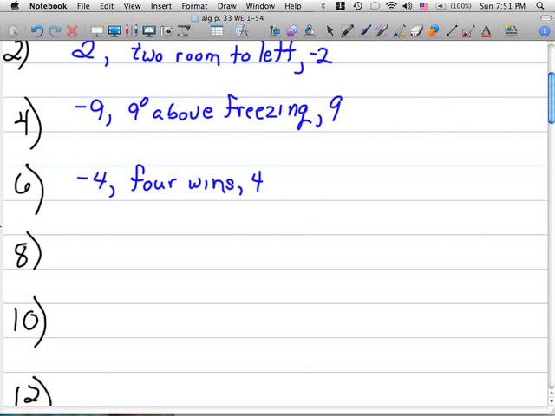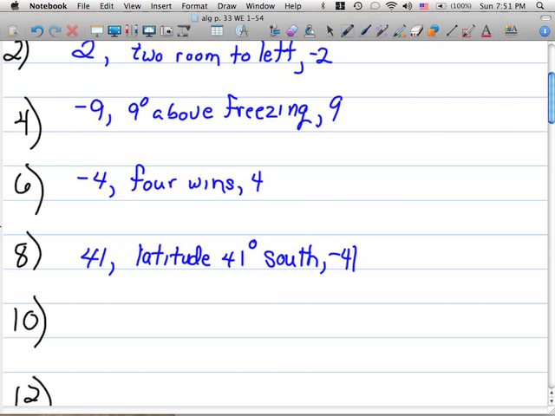North is going up, so that would be a positive 41. The opposite of latitude of 41 degrees north would be a latitude of 41 degrees south. And that would be negative 41.